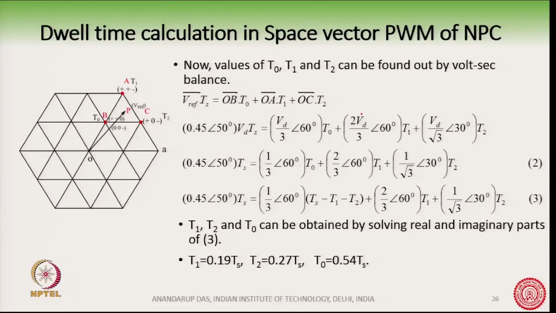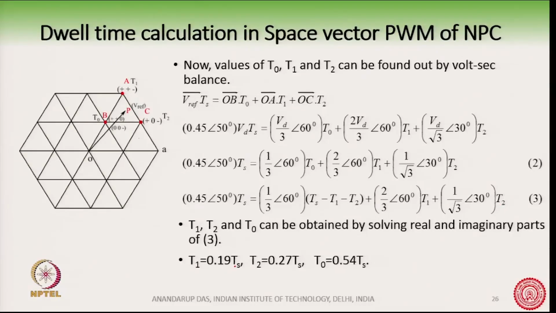Then Vref is 0.45 angle 50 degree times Vd, and OB is nothing but Vd by 3 angle 60 degree. So this is the vector OB, and then you have OA, which is 2/3 Vd at an angle 60 degree, and OC is Vd by root 3 at an angle of 30 degree. Once you put these values, it is possible to find out T1, T2 and T0 by solving the real and imaginary parts of equation 3.